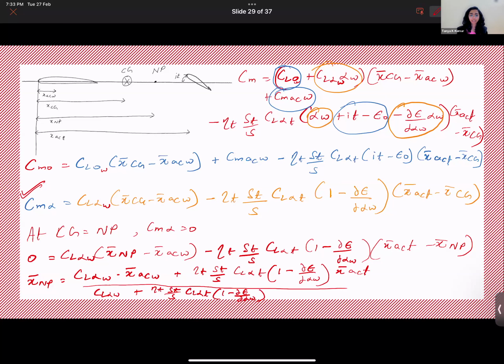Is this the formula? Can you verify? Am I missing something? Just see if I'm missing a few terms or if any sign is different or is there any mistake?